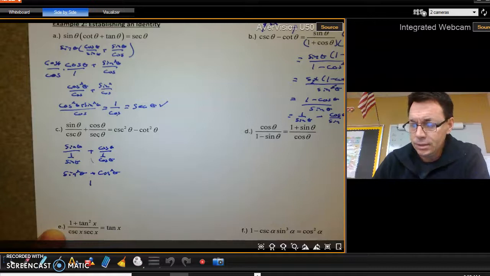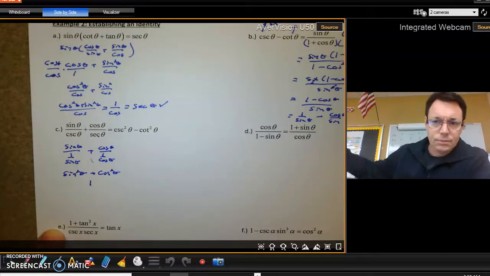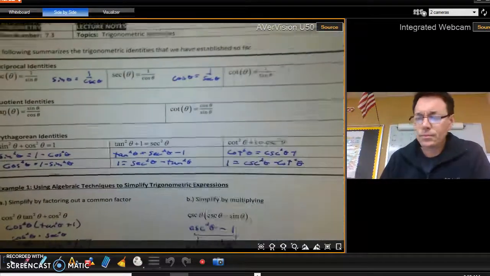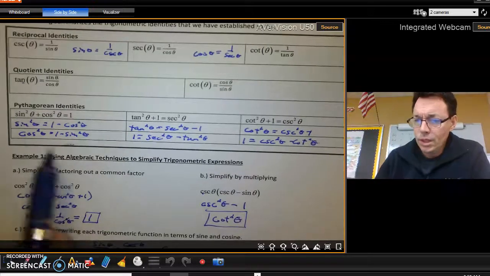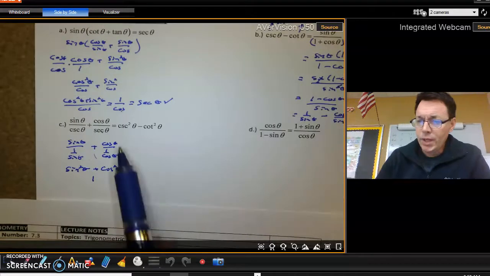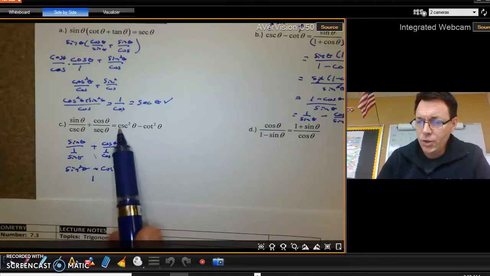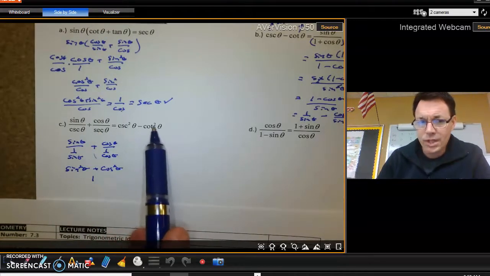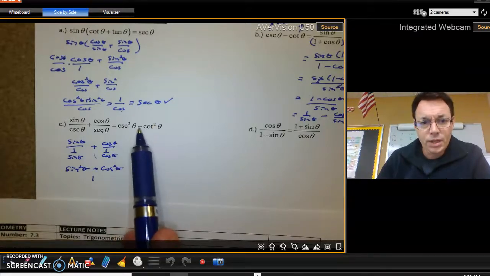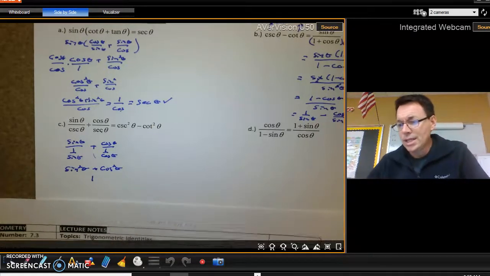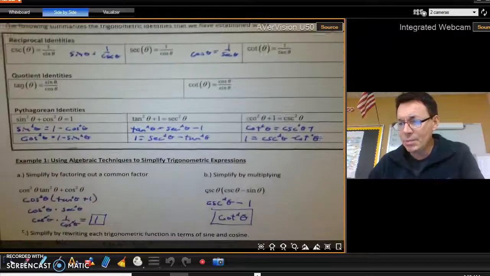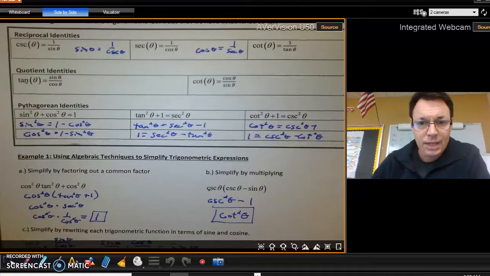All right. Look at the front page. Notice, here's the problem. We were trying to turn this into cosecant squared minus cotangent squared. I have something squared minus another something squared. Does that just so happen to be one of my identities?